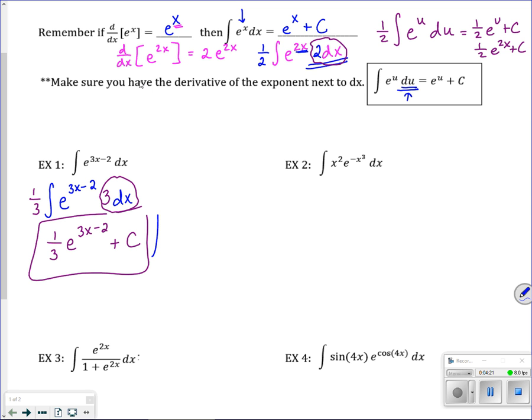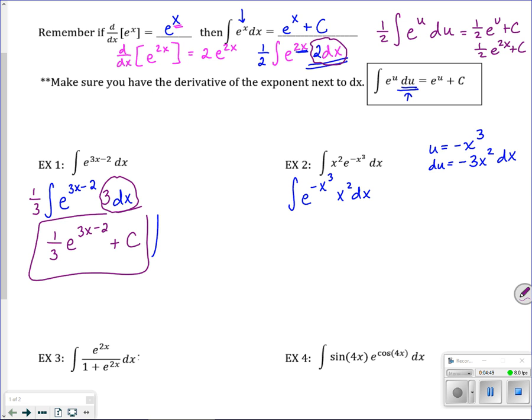In example 2, it doesn't matter the order they write it in, you kind of go, you know what, I bet they're being tricky. I see e's, and one common thing is for your u to be the exponent, so negative x cubed. My du would be negative 3x squared dx.